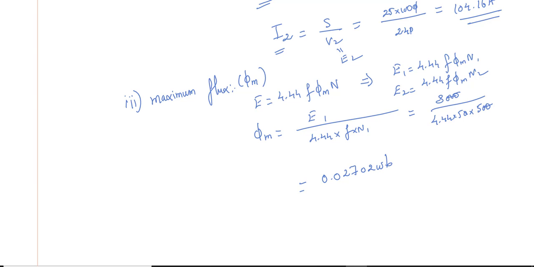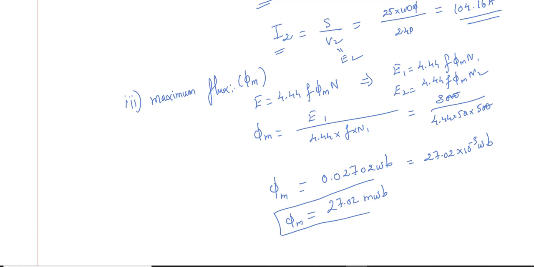This can also be written as 27.02 into 10 to the power minus 3 Weber, that is 27.02 milli Weber. So, this is the corresponding maximum flux for the given circuit.